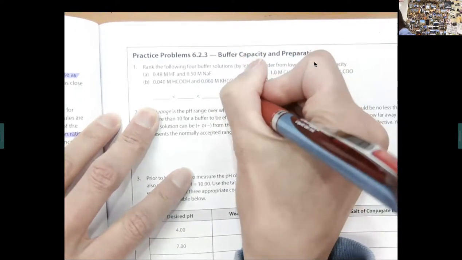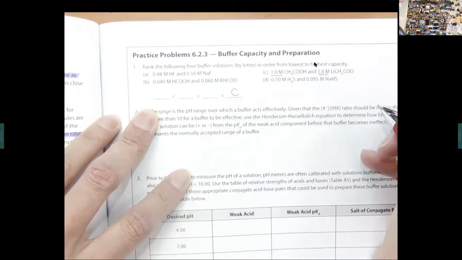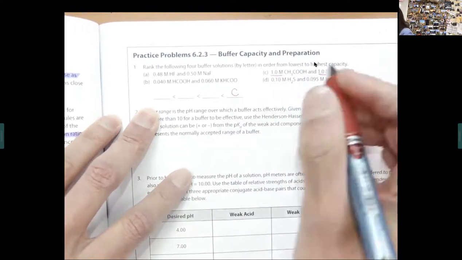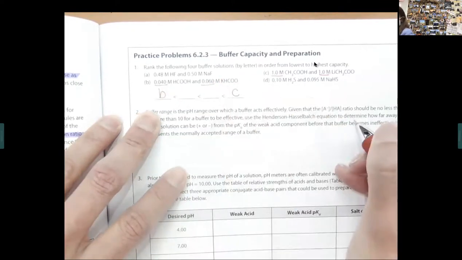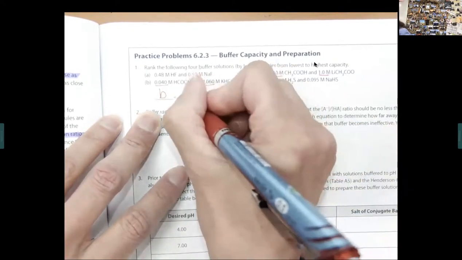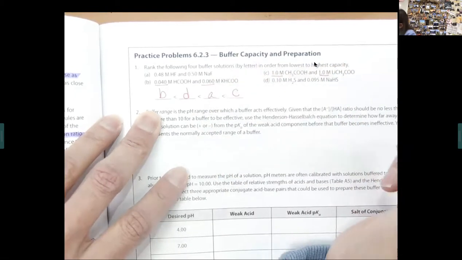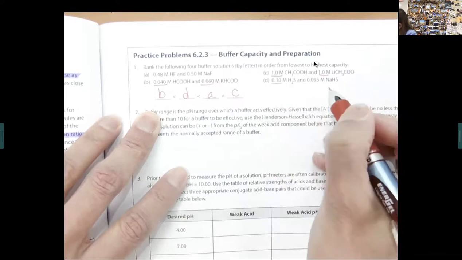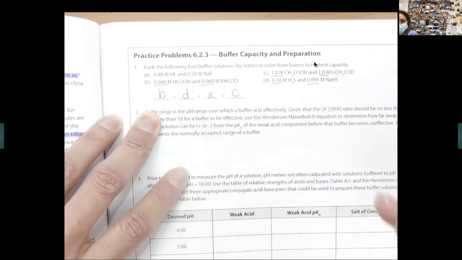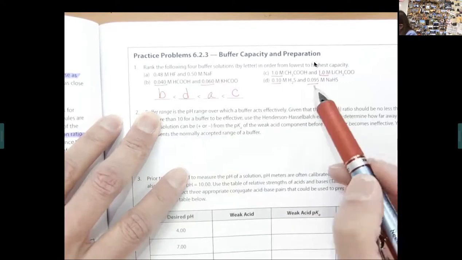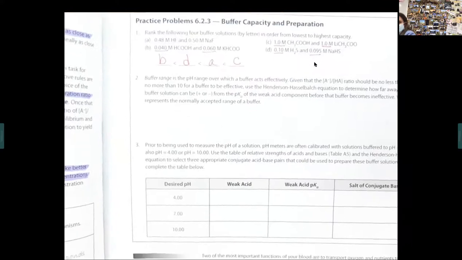So this 1 molar, being the highest concentration, I would say has the greatest capacity. Lowest capacity, I would say, is this 0.04 and 0.06 concentration. And then everything should fall in between. D should go here, and A should go here because of the ratio. This is a 0.095, and these are both at 0.4 and 0.5, which are really close to each other and much larger than that. We're going to skip number 2, and we're going to go to number 3.